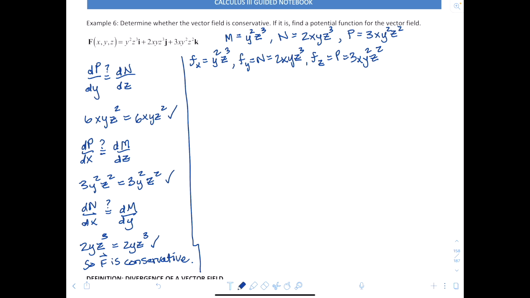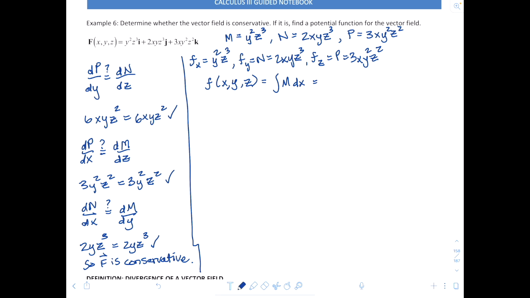So let's check this out. Consider f(x, y, z) equal to the integral of M dx. Well, what would we get?